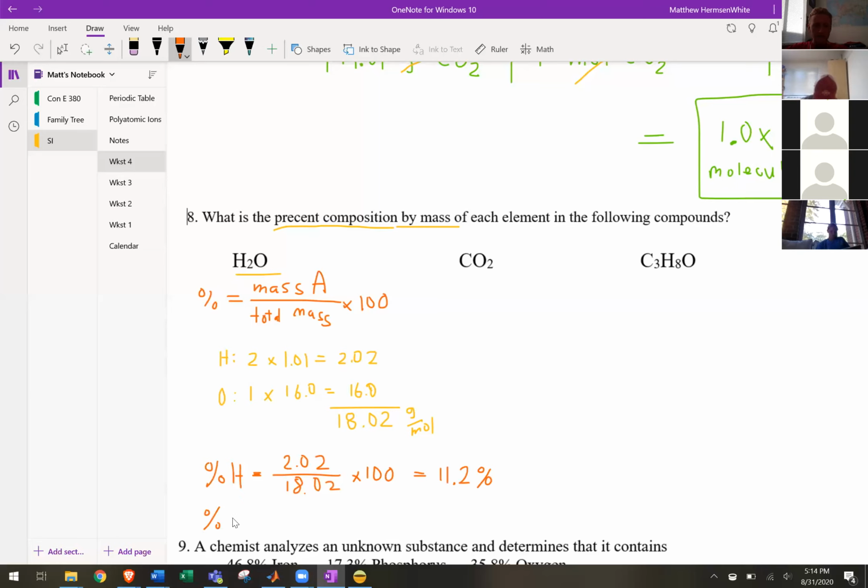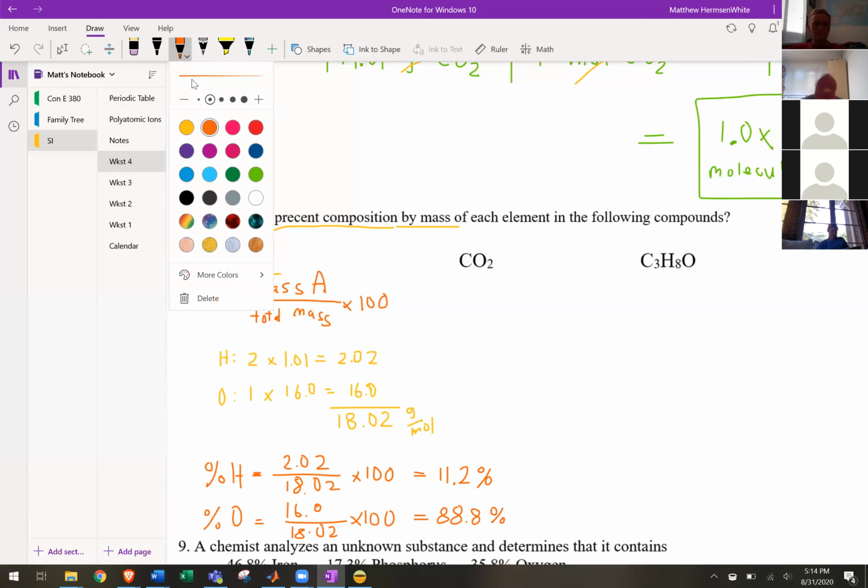And then for percent of oxygen, again, we do the mass of oxygen, which we found was 16, divided by the total, which is 18.02, times 100. And that should get you, let's see, 88.8. And you know you did the problem right if your total percentages add up to 100, because that just makes sense.